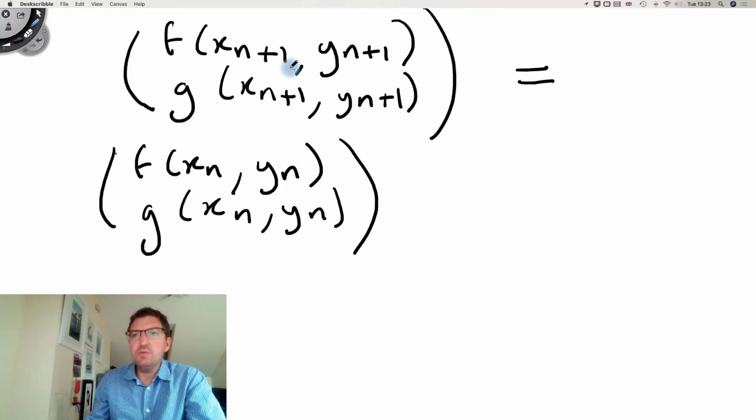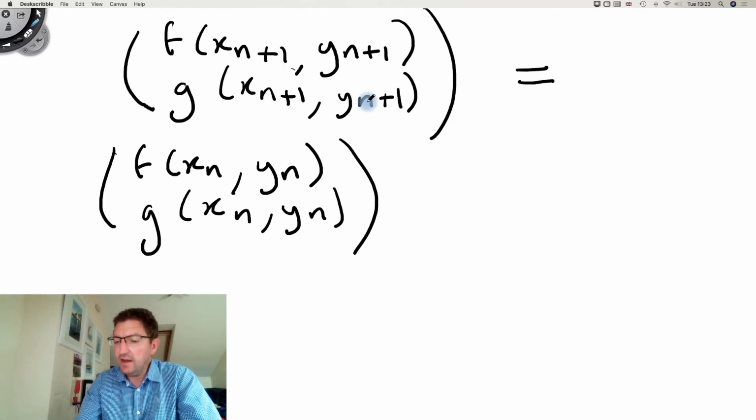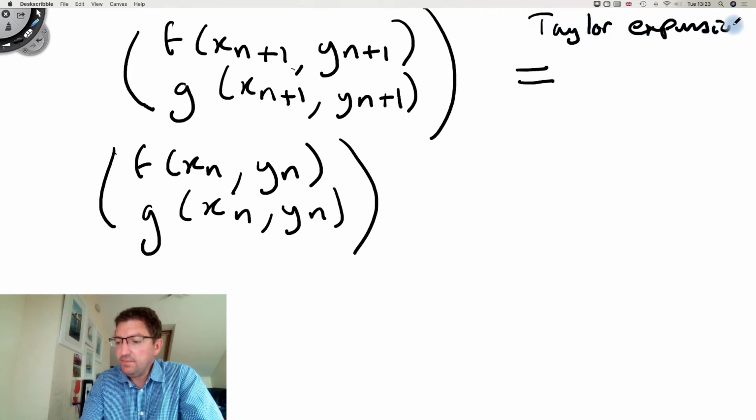So what I'm writing down is essentially a Taylor expansion, really, but in a different form. So we're finding the function value at the new point, x n plus 1, in terms of the function value at the old point, and we're writing it down in terms of vectors.